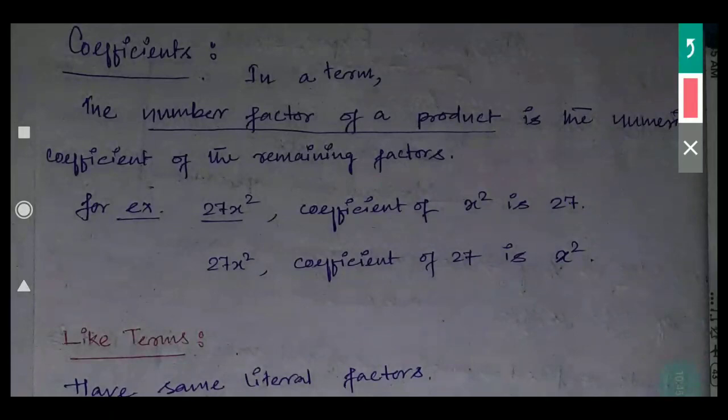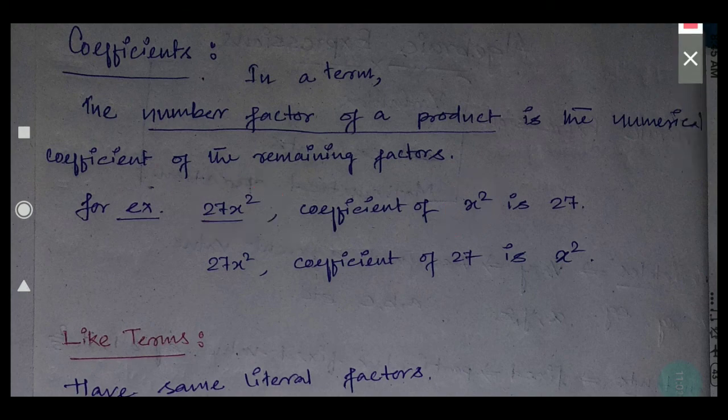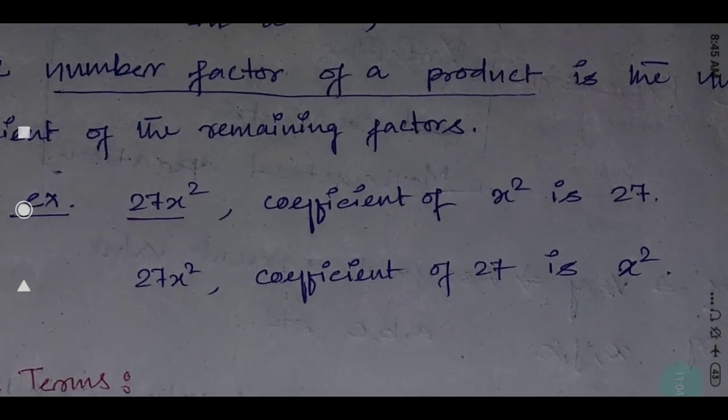Suppose 27x square is given. This is one term in one algebraic expression. If it is asked, find the coefficient of x square, then coefficient of x square you have to find.